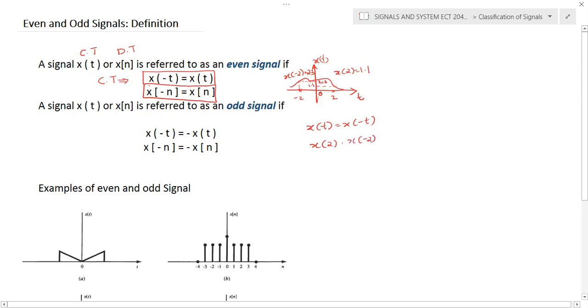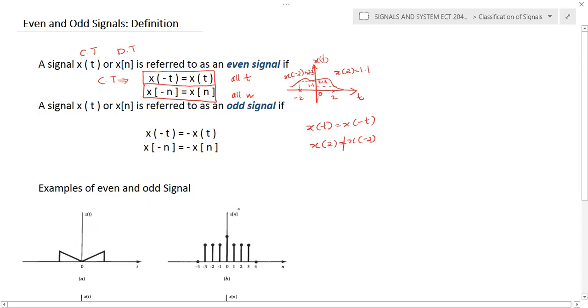At 2 the function value x of 2 is 1.1, and x of minus 2 is 2.3, which is not equal. So we can say that this particular signal is not an even signal. Similarly, it should satisfy this for all t, and for a discrete signal, for all n.